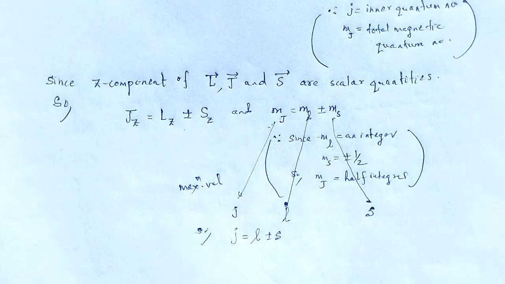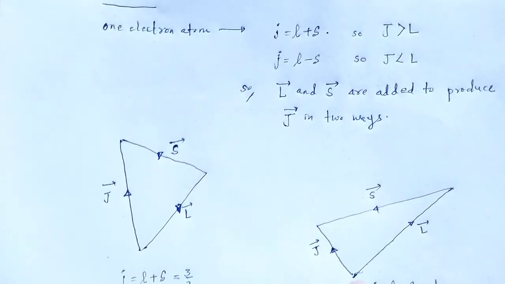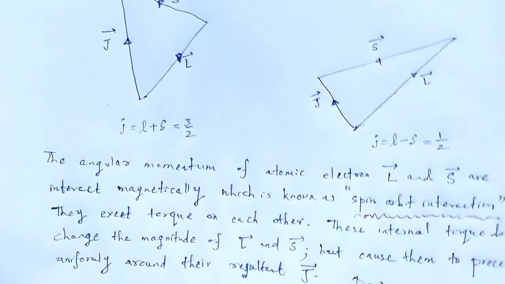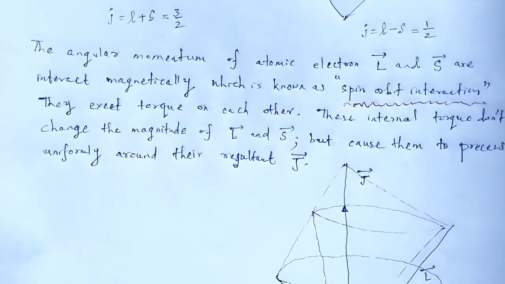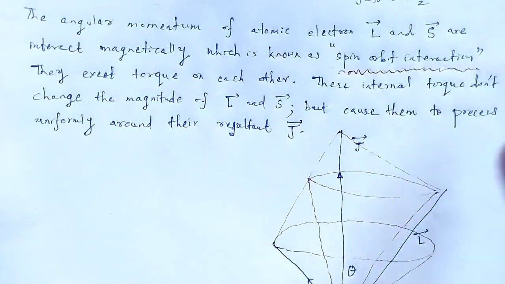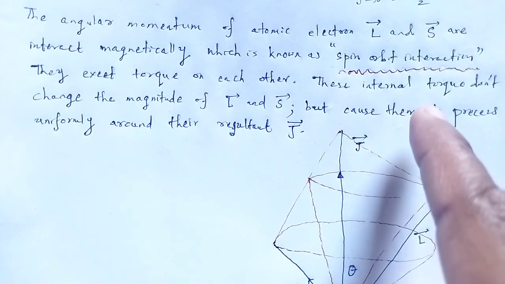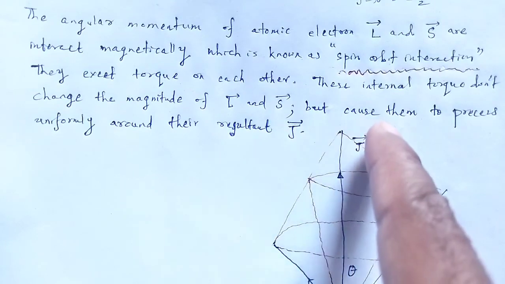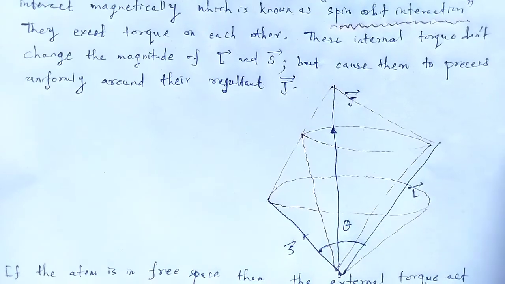Since the resultant is a vector, there will be two types of orientations, and according to the two orientations, two figures are drawn. Inside the vector atom model there is a spin orbit interaction. According to that, a torque is exerted, but that torque does not change the magnitude of L and S; it causes them to precess around the resultant J vector.